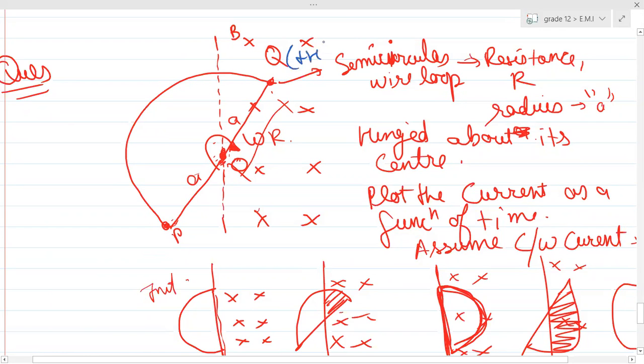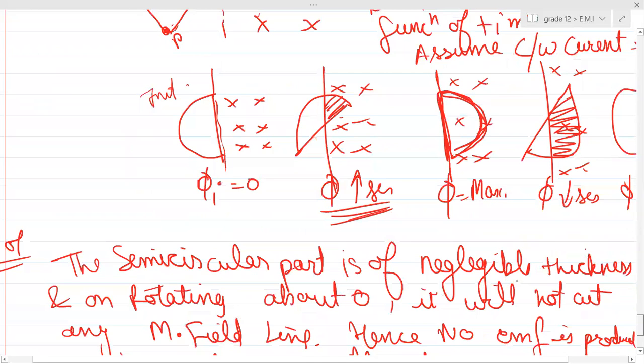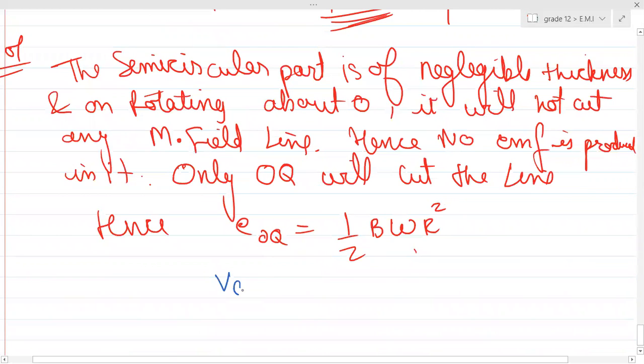Q will be the bigger one, so V_Q minus V_O is equal to half B omega R square. Now this is the EMF. Not R, sorry, A. The radius was A, right? So half B omega A square.